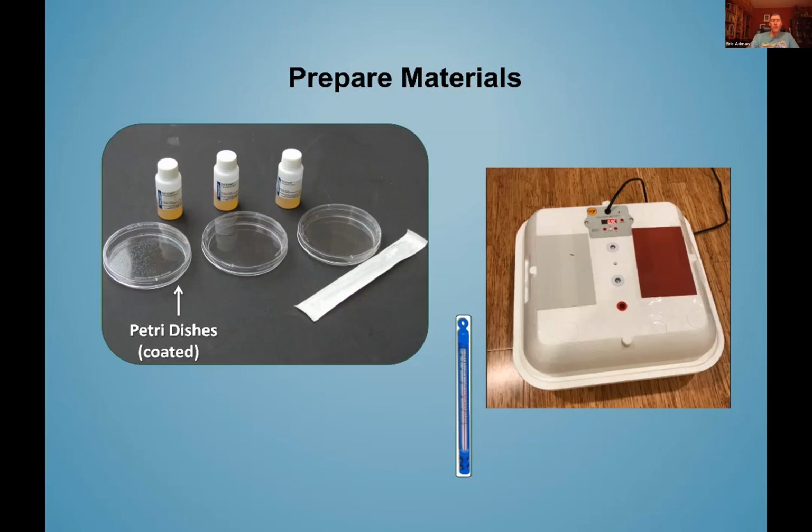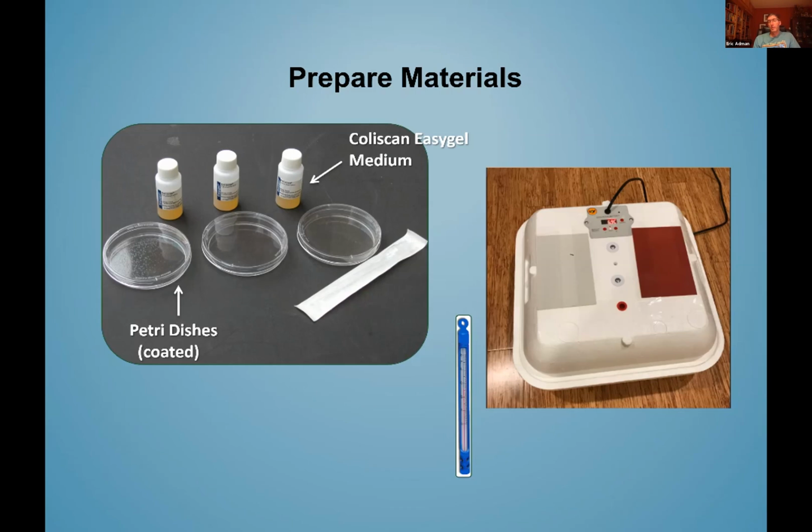So you've got Petri dishes. You've also got what's called medium. We're using a particular technique called Coliscan Easy Gel, and the medium is essentially a food for the bacteria.